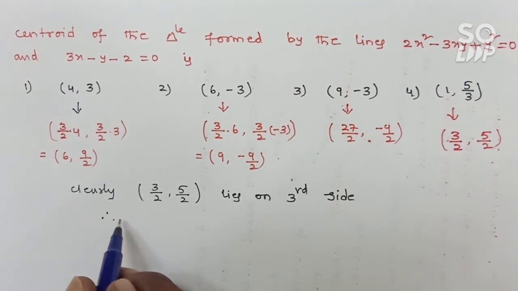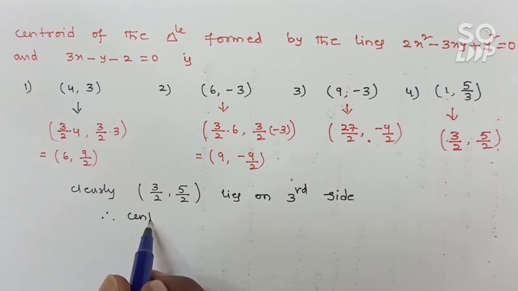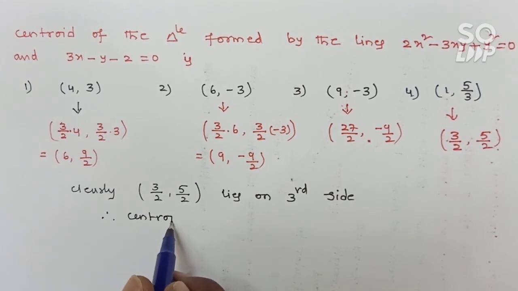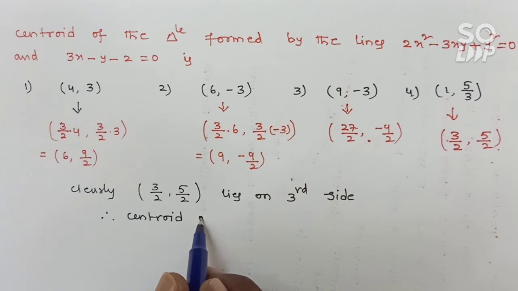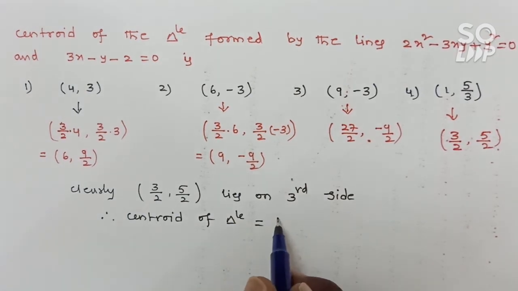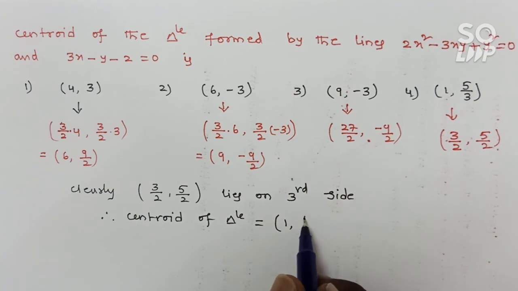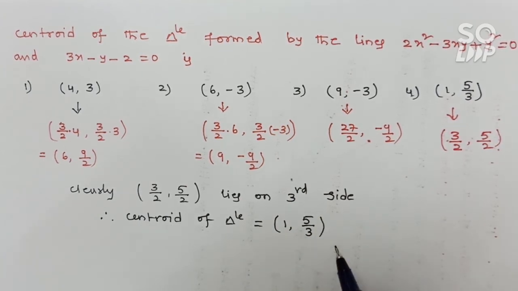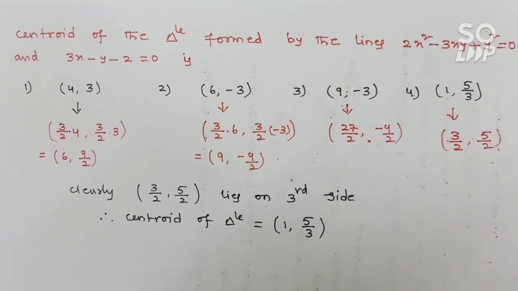Therefore the centroid of the triangle is (1, 5/3), which is the correct answer, right? So the fourth option is the correct answer.